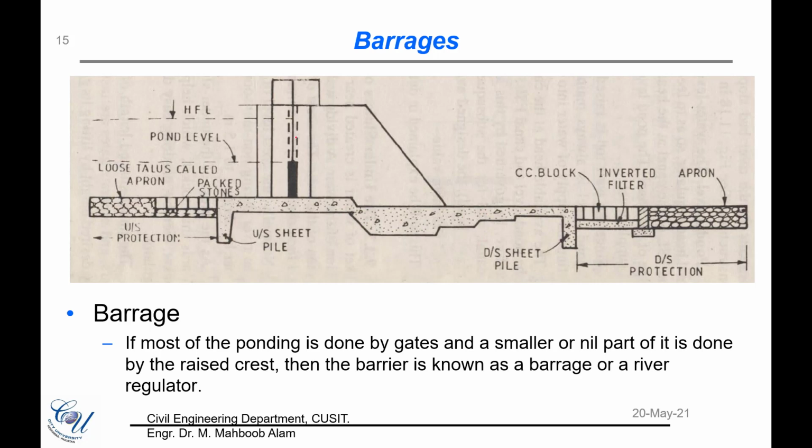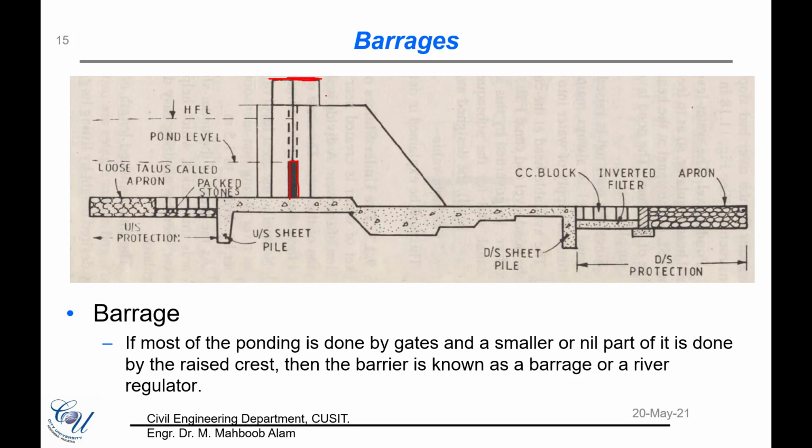We do see here the gates which are installed here. So the gate in this figure is this one, and we control this gate from the top of the crest level here. So we either raise the gate or lower the gate. Mostly the mechanism is installed on top of the crest level here.